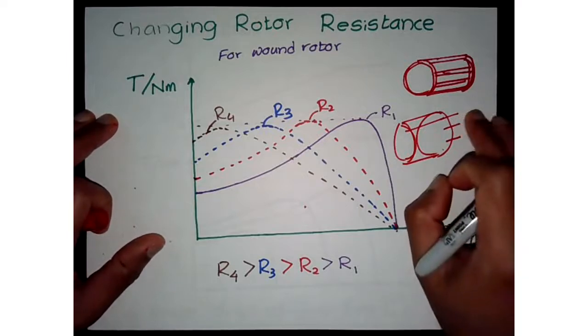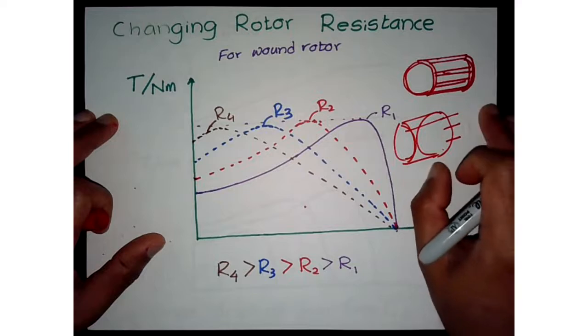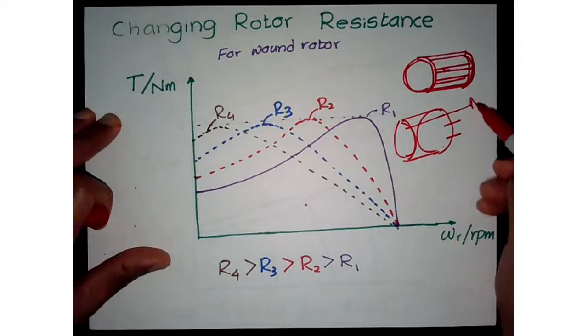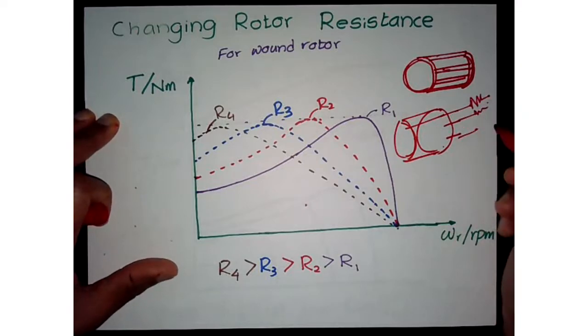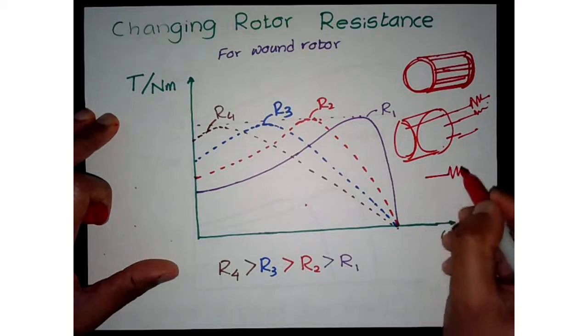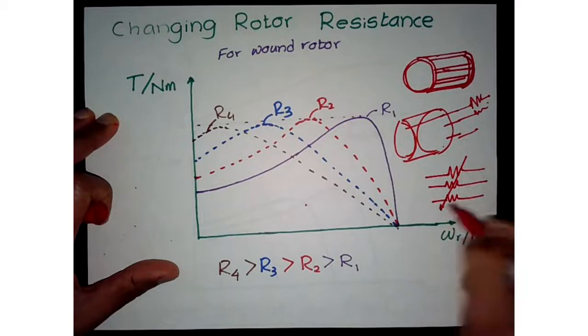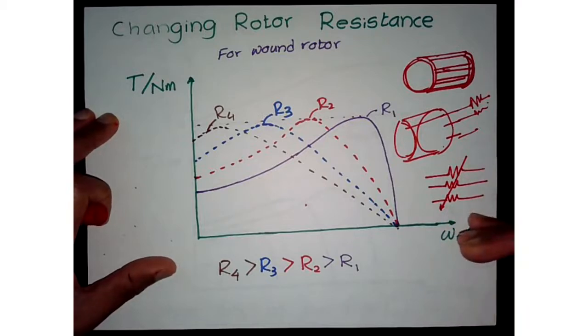So they use slip rings to have that contact outside. If you have that, now you can place resistances, basically three adjustable resistances on the three phases. You can increase and decrease them.